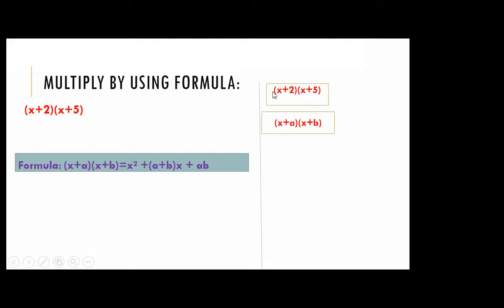Here this is the question, and this is the left hand side of the formula. If we compare the question with the formula, we get x = x, a = 2, and b = 5.